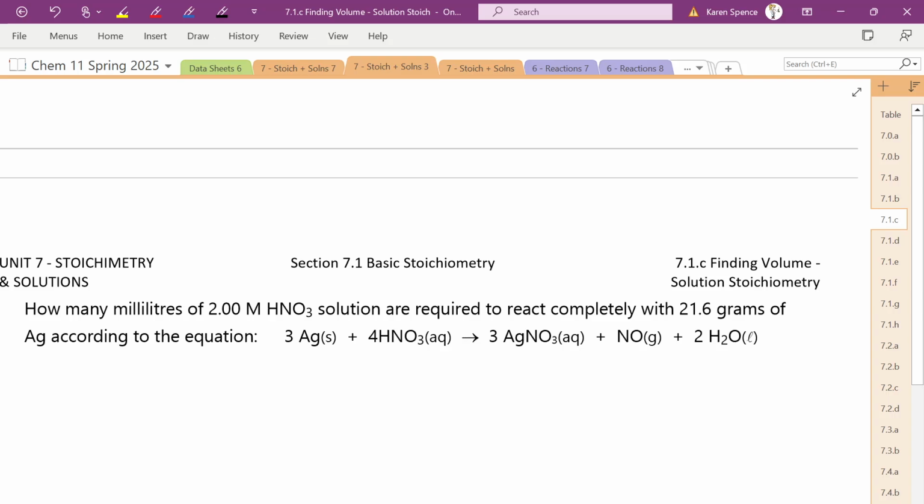So your step one is to find moles of hydrochloric acid. Yeah, HCl, so you put HCl.